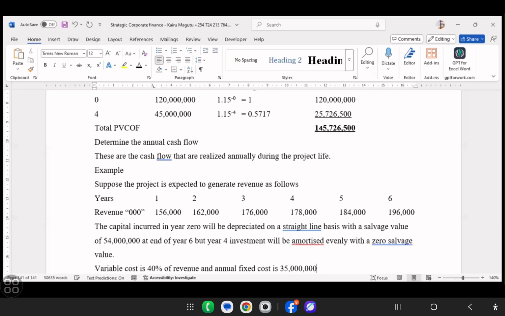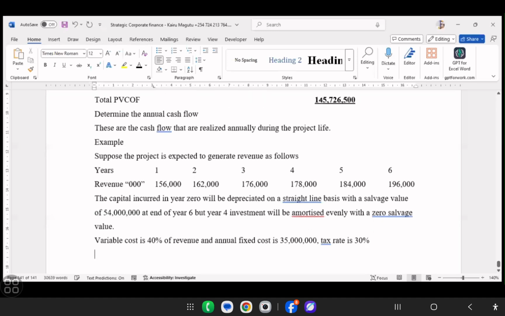I will also say that tax rate is 30%. I've given the information that you would expect when determining the annual cash flows. So we are required to determine the annual cash flow for each of the years.